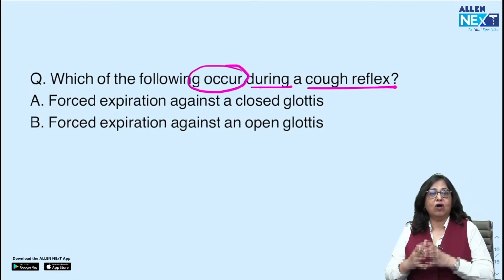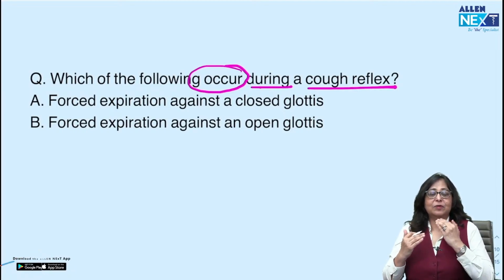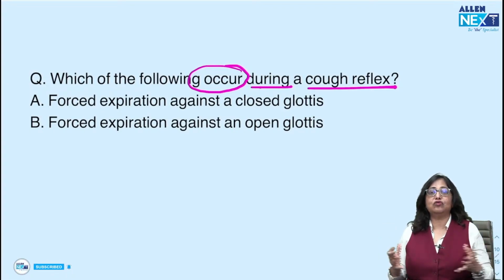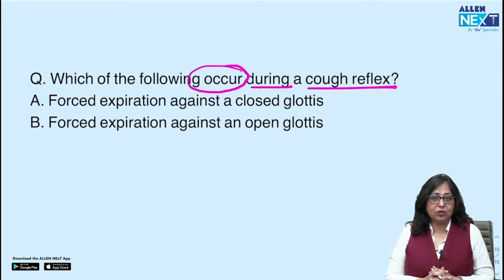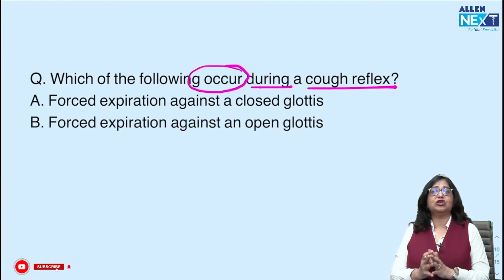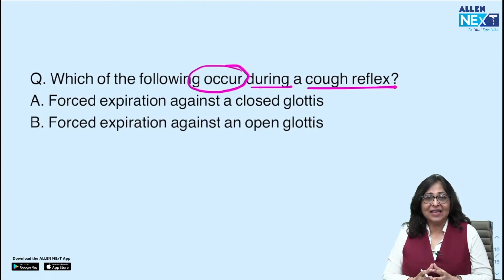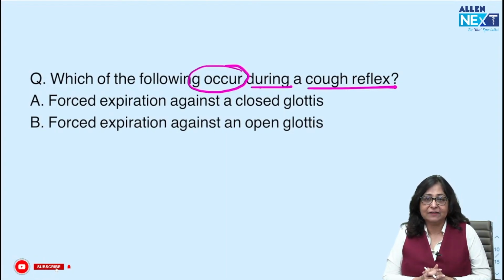What happens in a cough reflex is, initially there is a forced expiration against a closed glottis, and that increases the intrapleural pressure. If you remember from your theory class, the intrapleural pressure is always negative. It's only when I do a forced expiration against a closed glottis that the intrapleural pressure becomes positive.